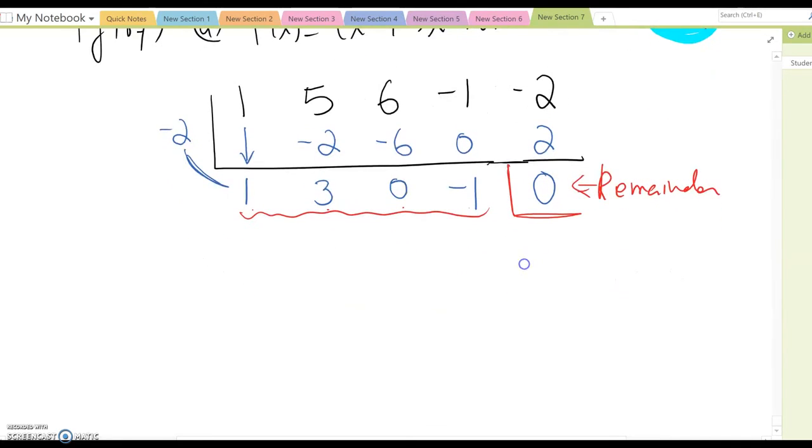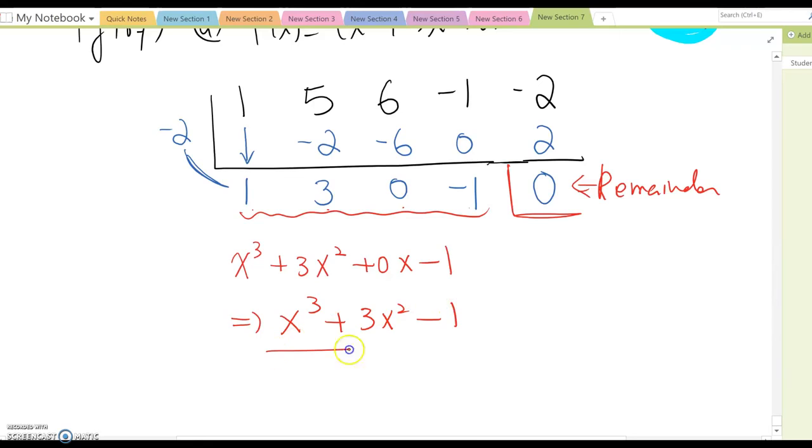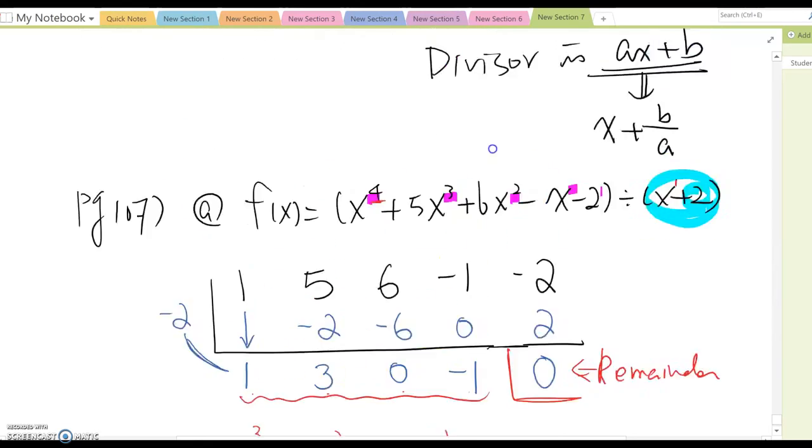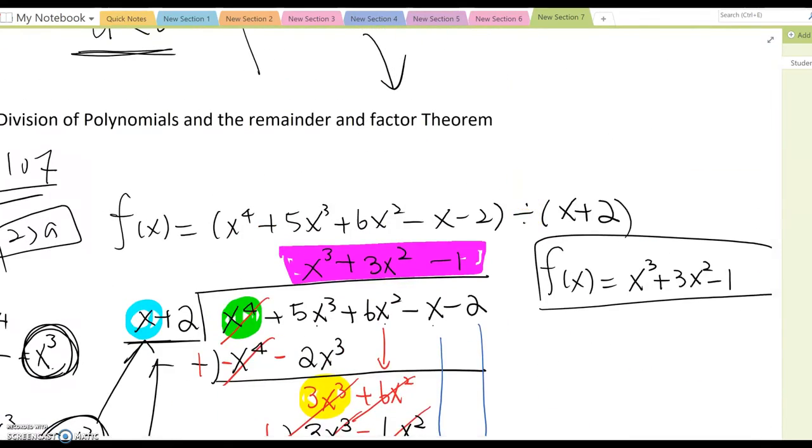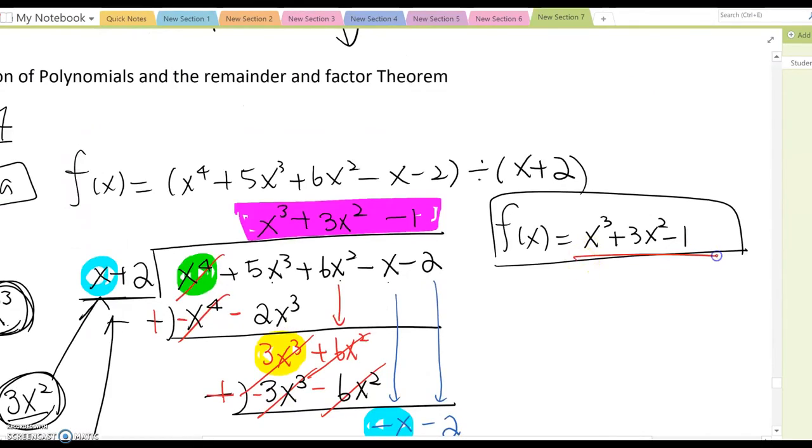So the answer becomes x cubed plus 3x squared plus 0x minus 1. We can simplify this to x cubed plus 3x squared minus 1. So let's go back to the first question from before. We got exactly the same answer here, right?